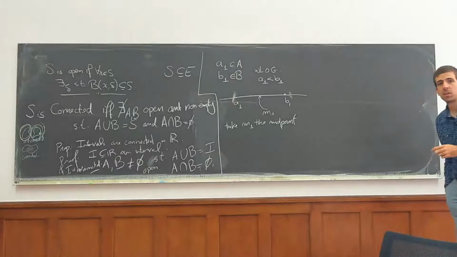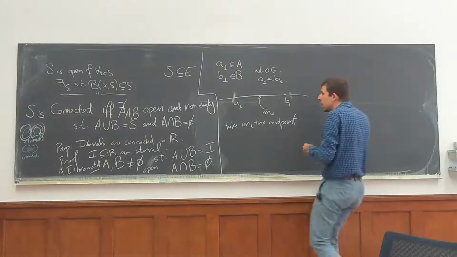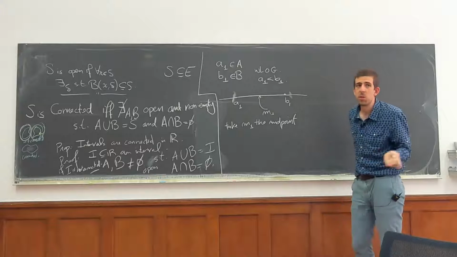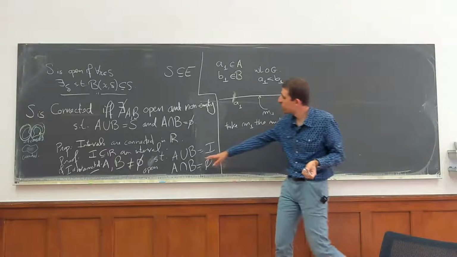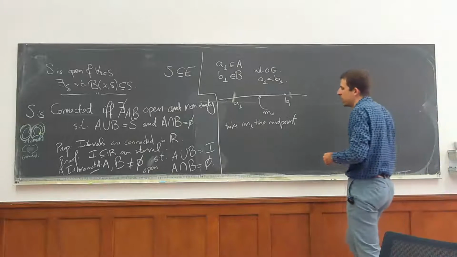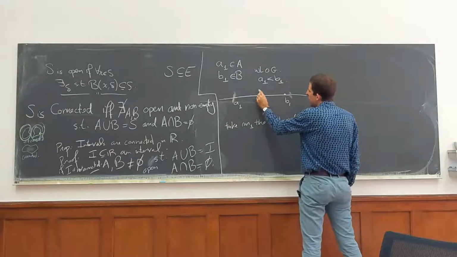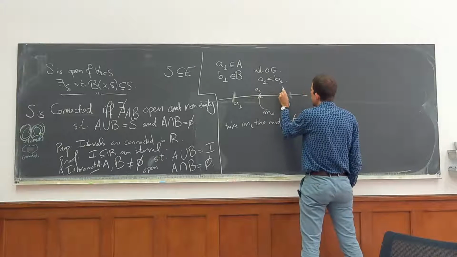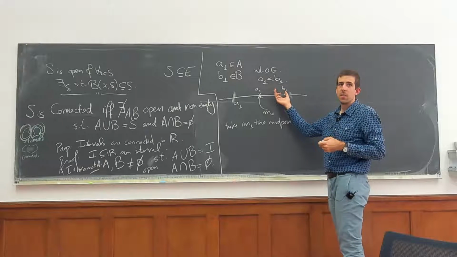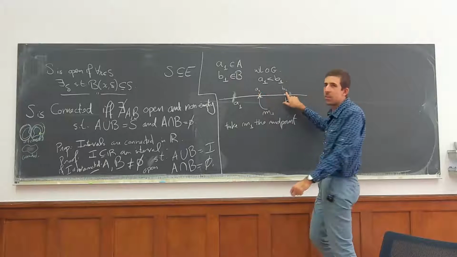This midpoint will have to be either in A or in B, but not in both, because the union of A and B is equal to the interval, and the intersection is empty. So let's say that this is in A, and I'm going to call this A2 and this B2. What I did is I created a smaller interval, with two points that are closer together, where one is in A and another is in B.